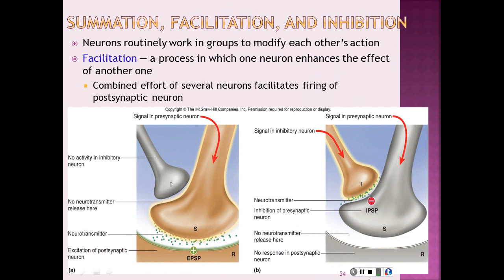Now, summation, facilitation, and inhibition are mechanisms that influence a neuron's integration of multiple inputs. Summation, which we talked about, is the process of adding up our EPSPs and IPSPs and responding to their net effect, and it occurs in the trigger zone.